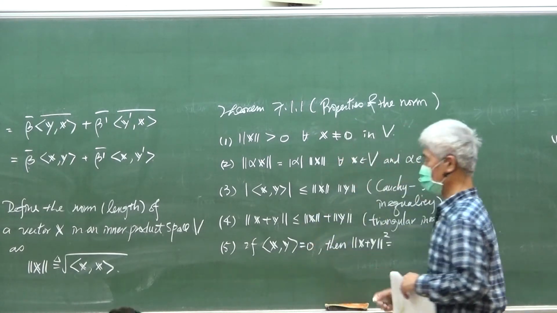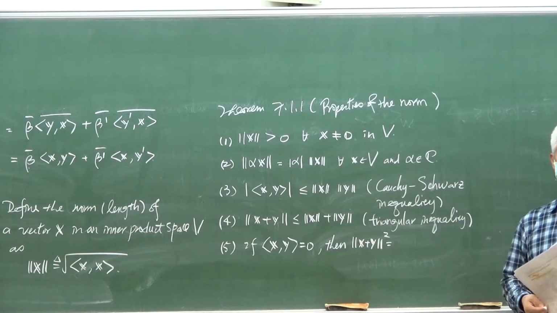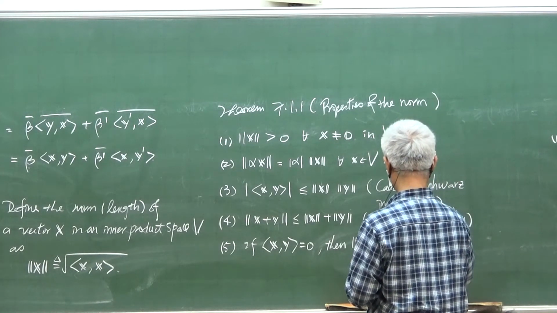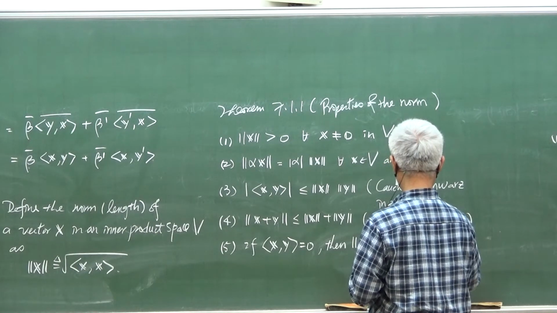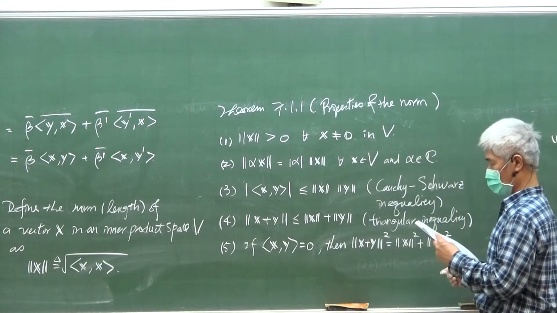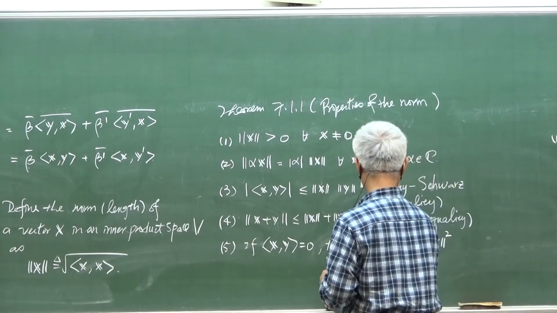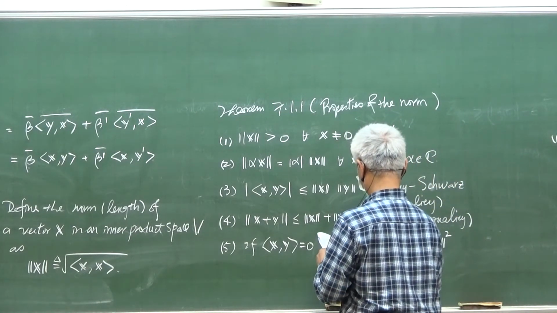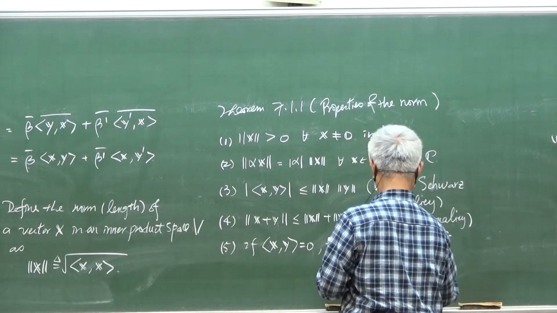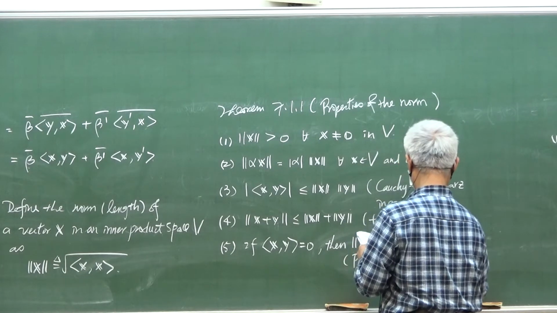Then the square of the length of the sum of two vectors is equal to the sum of the squares of their lengths. Okay. So this is called the Pythagorean equality.